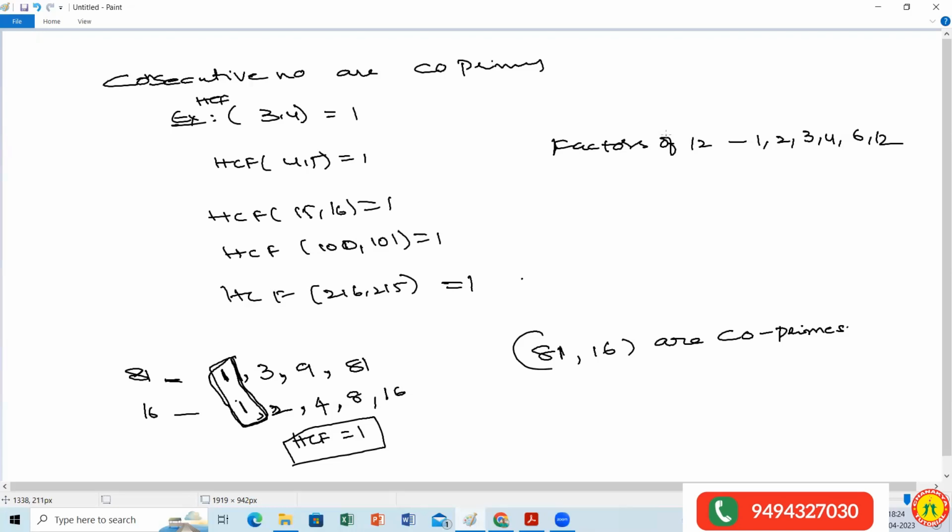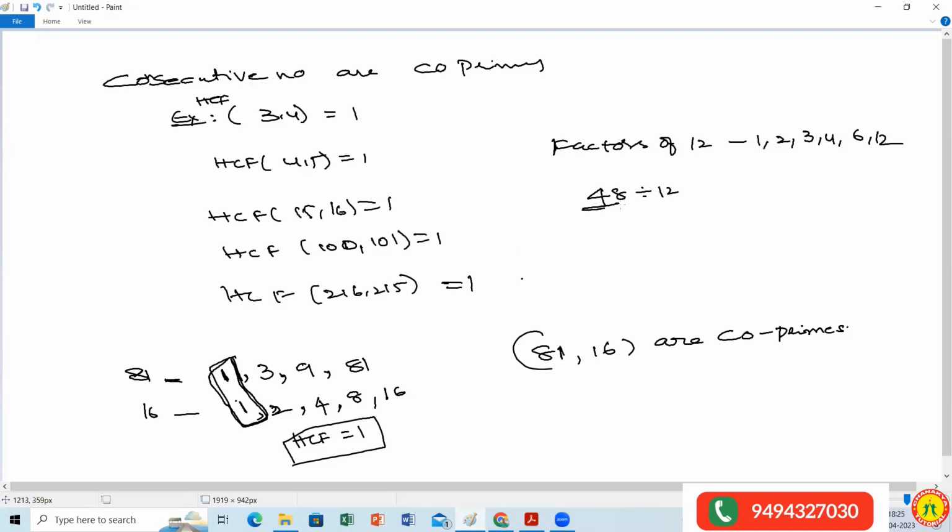Any number divisible by 12, say if you take the number 48. 48 is divisible by 12. Yes. So now you have to check 48. What are the other numbers?